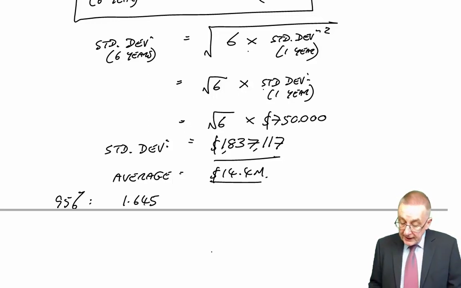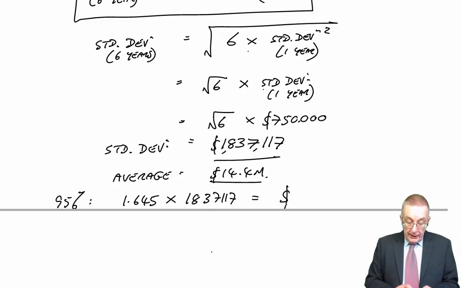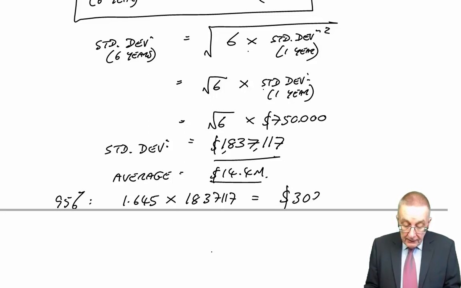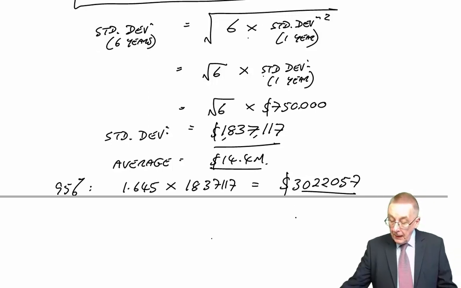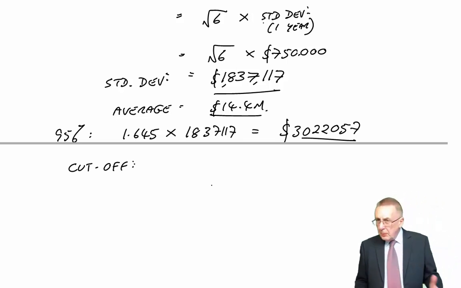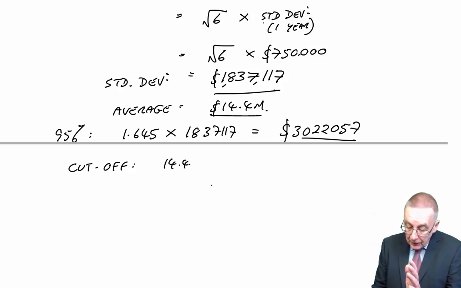I went through why it is earlier, times the standard deviation, which is 3,022,057, which means the cutoff point, look back to what I did earlier, but we know the average is 14.4.